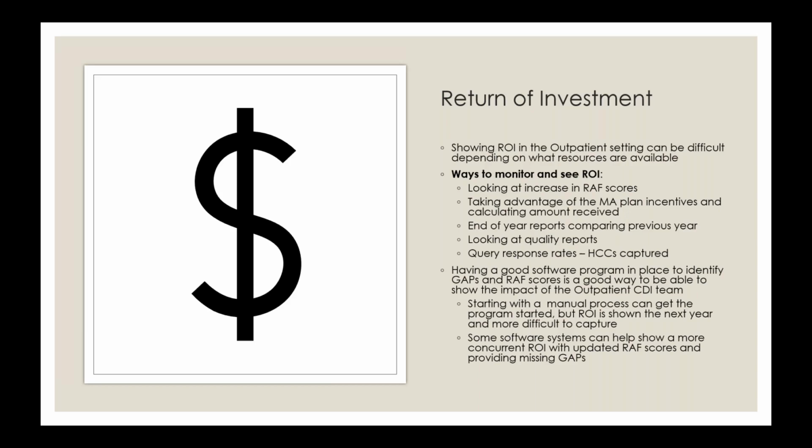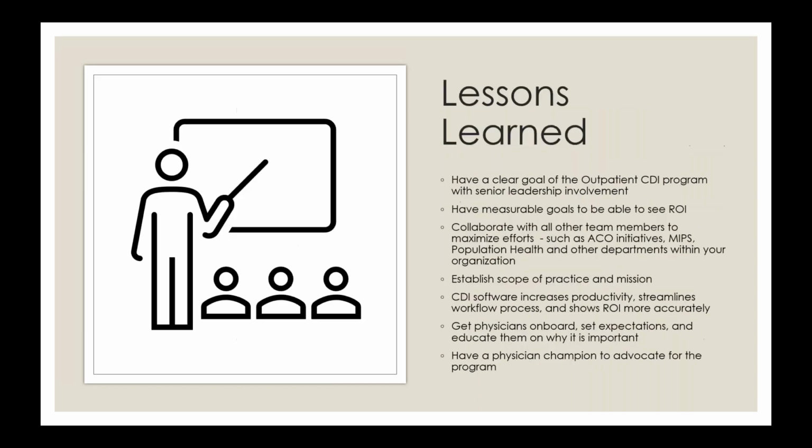So those are just some things to do if you don't have software in place. But if you have a software system in place, you can see, okay, this is what my risk adjustment was prior to sending the providers those queries, and now this is what it's increased to. And then you can see that right away a little bit more than waiting for those more manual processes.